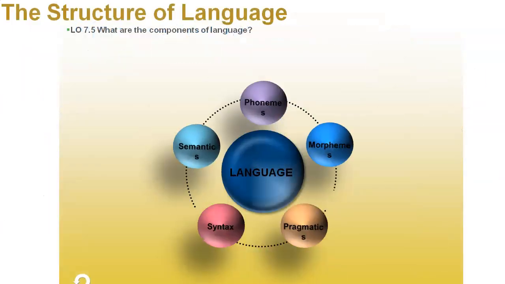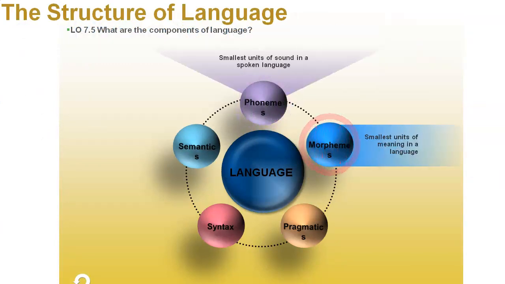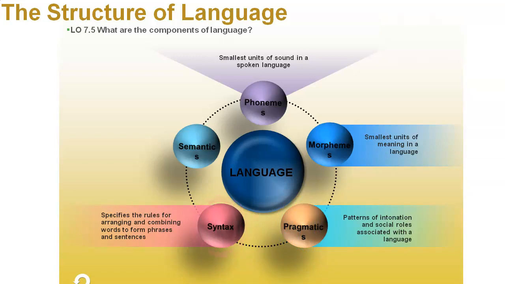All right, there's two different things on here, and I apologize if the words are a little off. So what you will need to know, and do not mix this up, is that morphemes are the smallest unit of meaning in a language. The other thing on this slide that you will need to know is the idea of semantics.